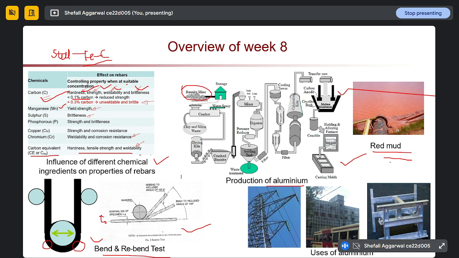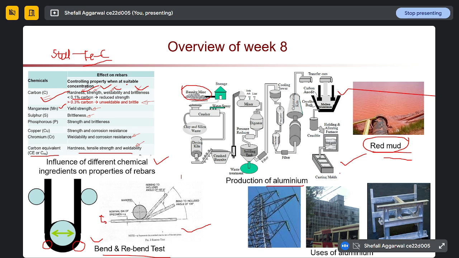Many researches are currently going on to use this red mud as an alternative to cement in concrete. How this red mud can be used, you can go through some journal papers. Many people have used red mud as a supplementary cementitious material.